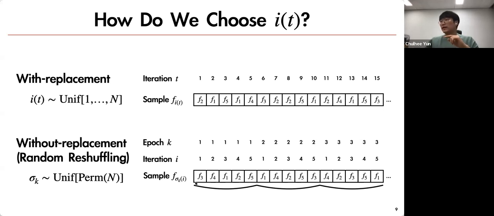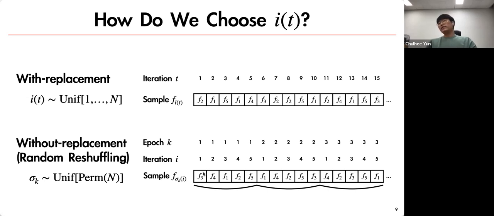We can see that the first 5 indices chosen are a shuffled version of 1, 2, 3, 4, 5. The next one is also a shuffled version, and the next one is another shuffle. One pass through the entire 5 indices is called an epoch, so this example shows 3 epochs of the algorithm.